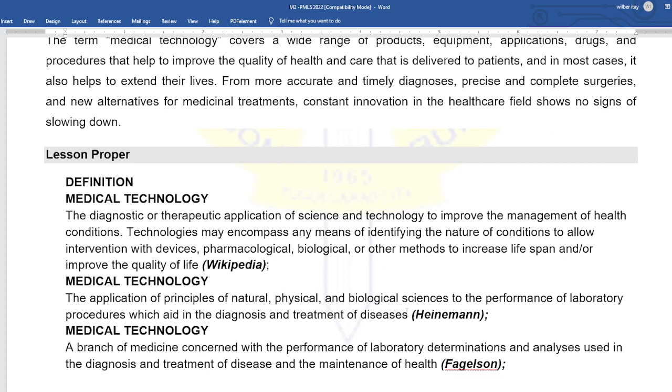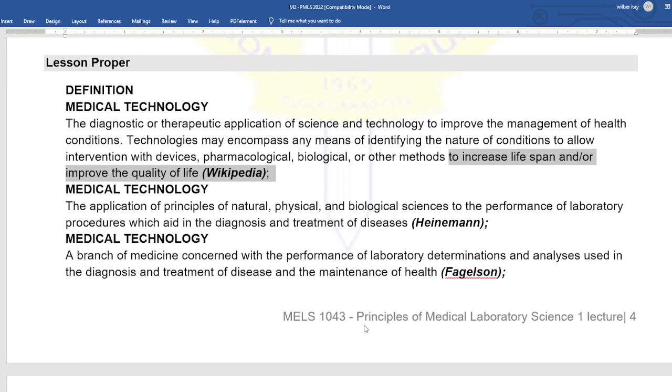If this happens, this is its end result. So it increases the lifespan and improves the quality of life.